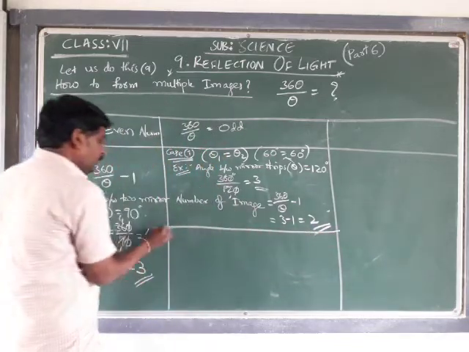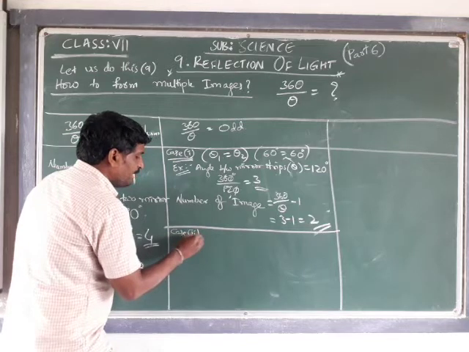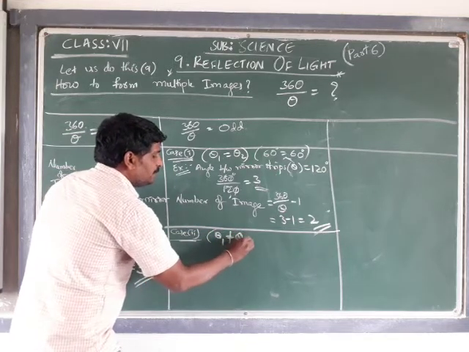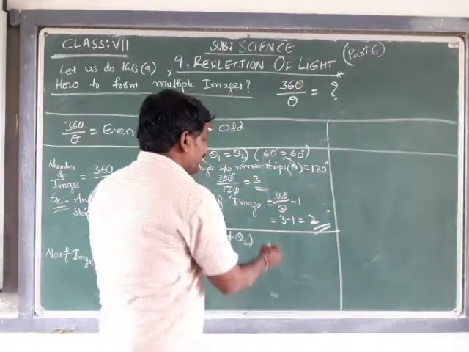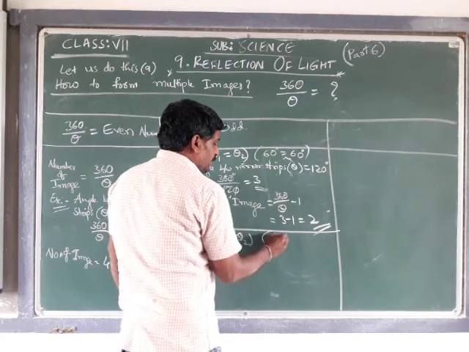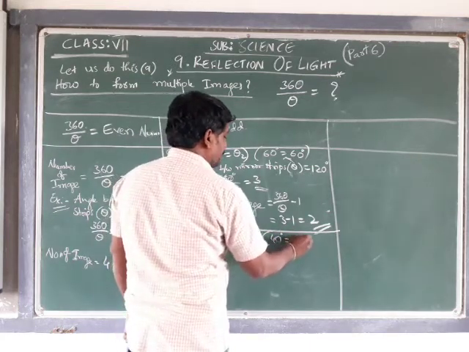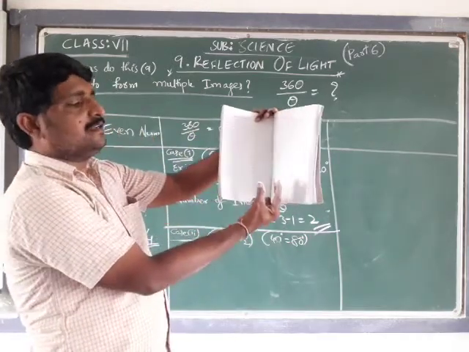In case 2, when it is an odd number, we have theta 1 not equal to theta 2. The object is placed such that, suppose, it is 40 degrees and 80 degrees. The object is not placed exactly in the middle; it is placed somewhere near one mirror.